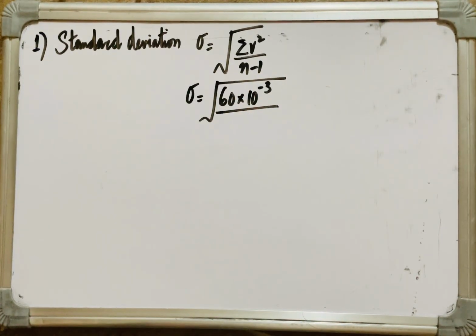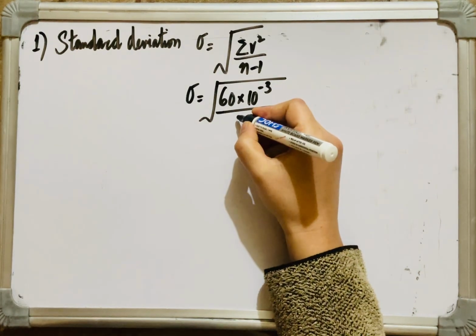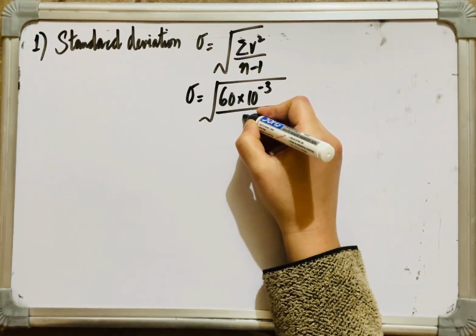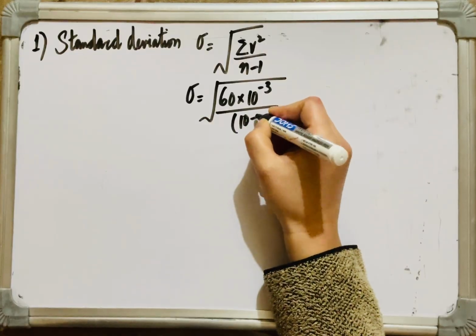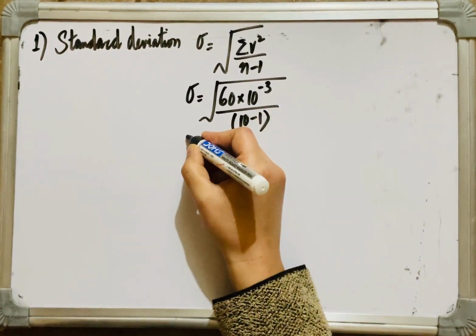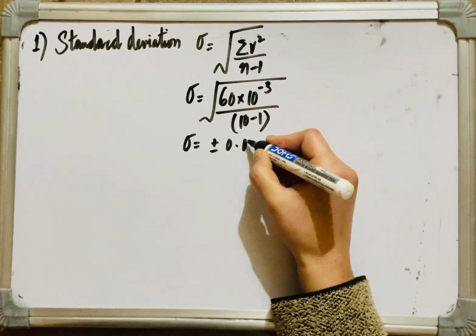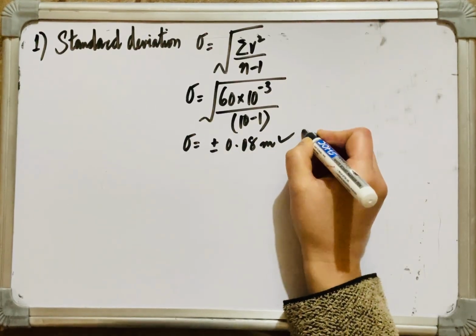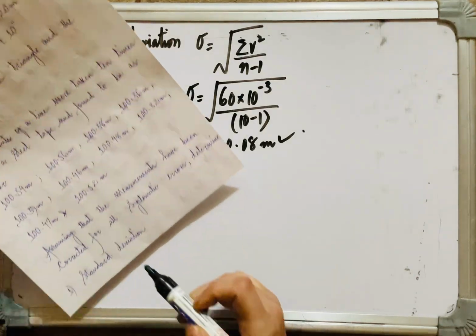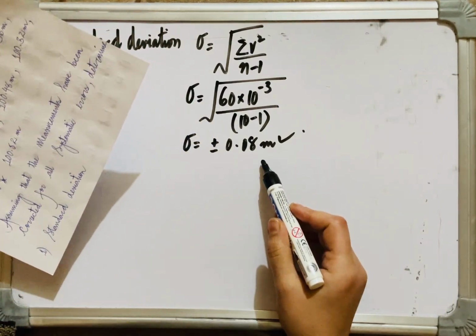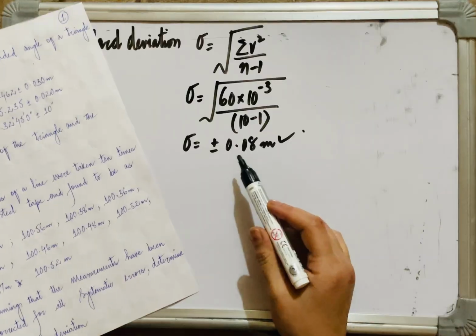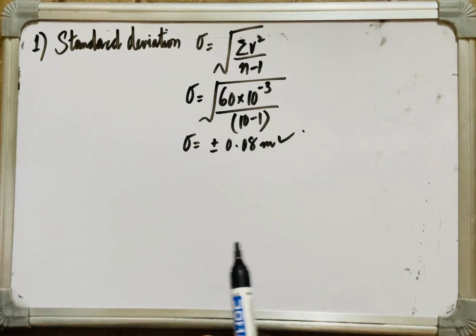How many measurements have been taken? 10. So n minus 1 is 9. All right, so by calculation, sigma is equal to plus minus 0.08 meters. So the first part of the question is complete.